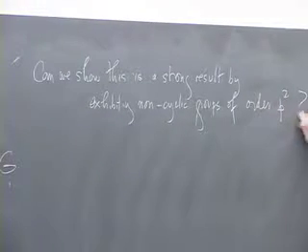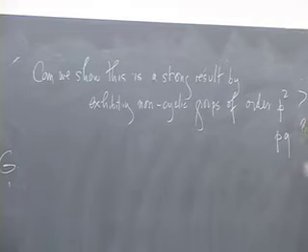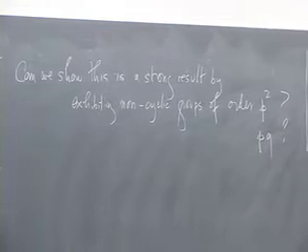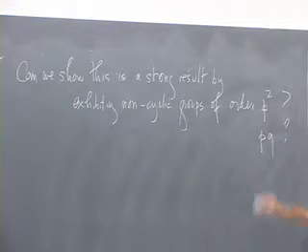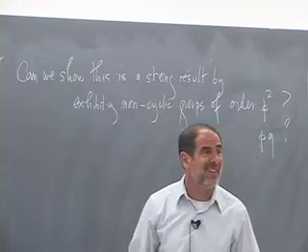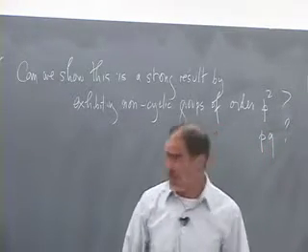So if I had a prime or of order pq, well, that's a little harder. But of order p squared, yeah, we have a group of order 4 that's not cyclic. What's that? The Klein 4 group.